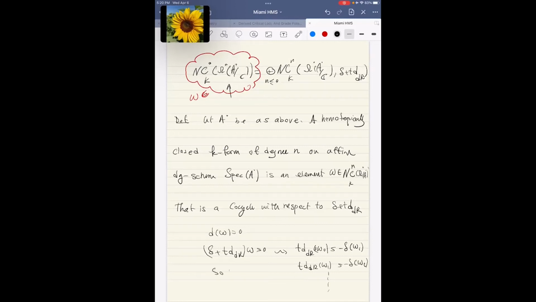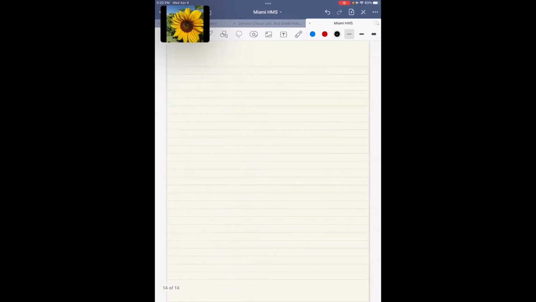So up to homotopy by omega 1, omega 0 is closed, and up to homotopy by omega 2, omega 1 is closed, and so on and so forth. So this is a homotopically closed form in the notion of derived geometry.